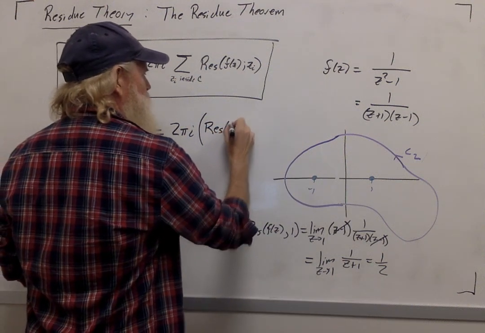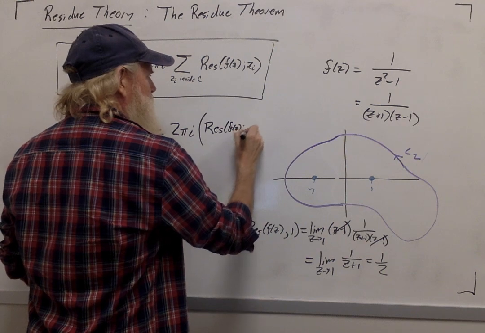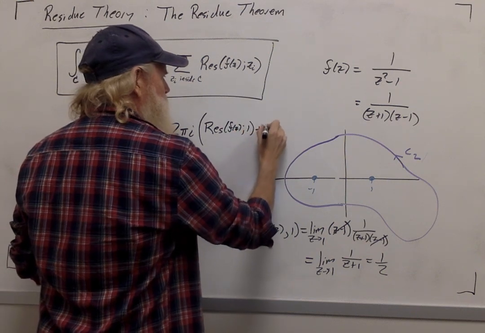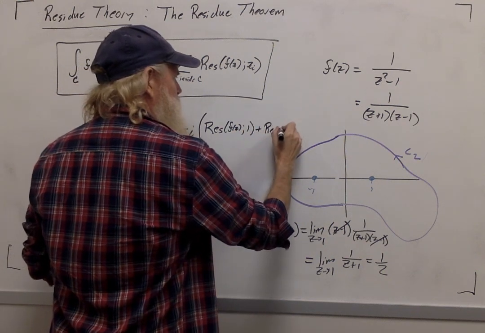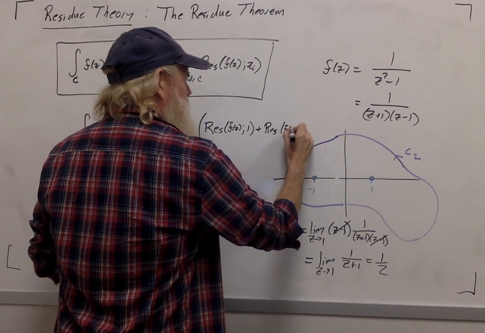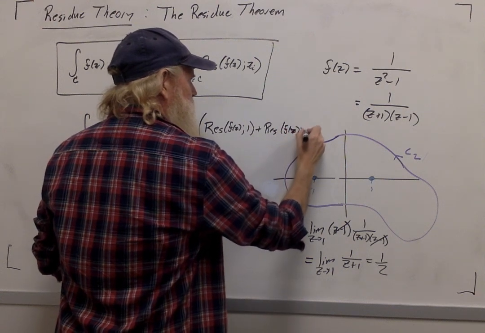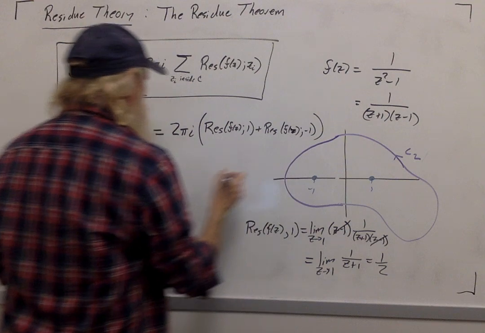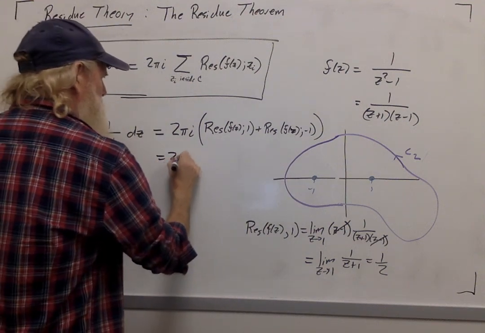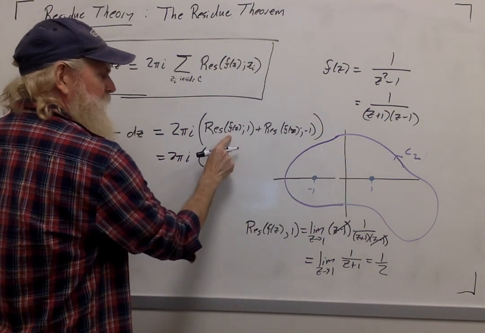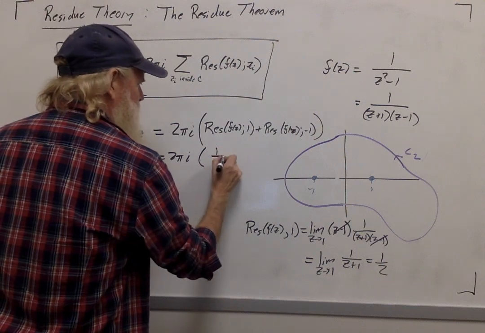So I have to take the residue of f at 1 plus the residue of f at negative 1. Now we already calculated this first residue to equal 1/2.